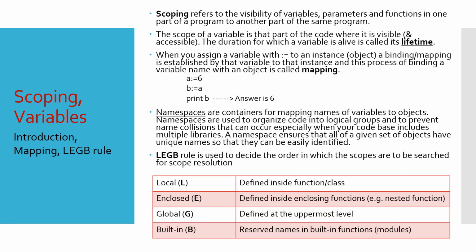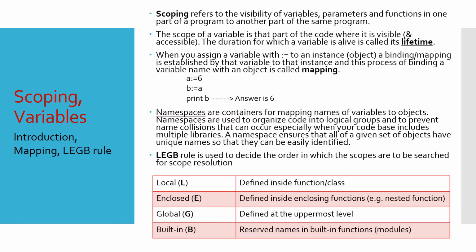And sometimes you may use the same variable name in different functions. There are different ways of programming, as you all know. But the rule defined here, where L stands for local, E stands for enclosed, G stands for global, and B for built-in, helps the variables to be correctly searched and then presented at the right time.